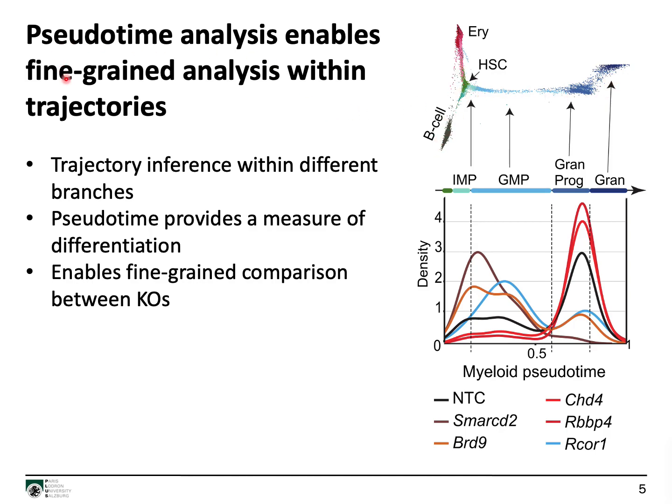And then what we did was we obtained pseudo-time values from them, which quantify how far cells are in those trajectories. And then we could compare those between the non-targeting controls and the different guides and knockouts. And you can see here that certain guides really shift the development, either by retaining cells in the early stages of a certain trajectory or pushing them to the late stages. This enabled a more continuous and fine-grained analysis.